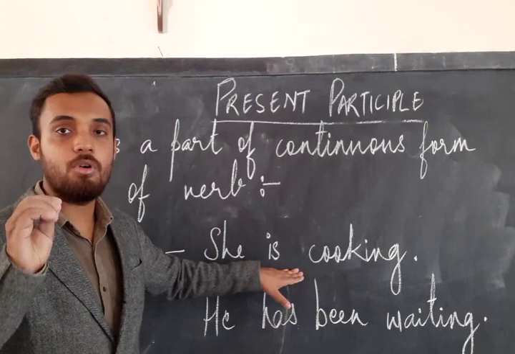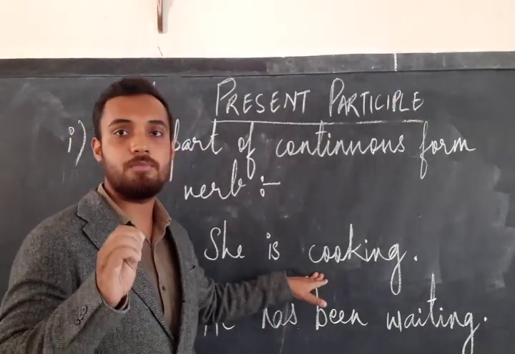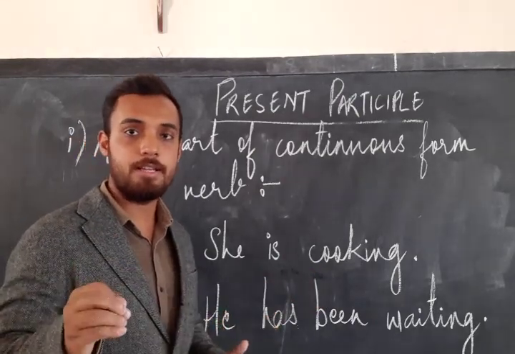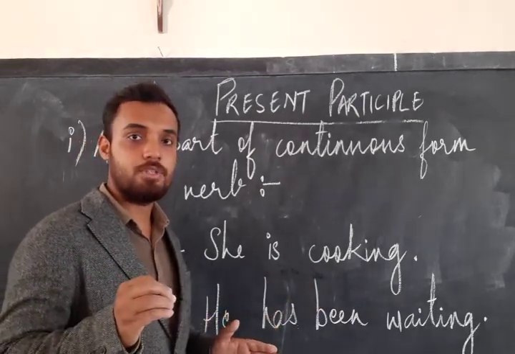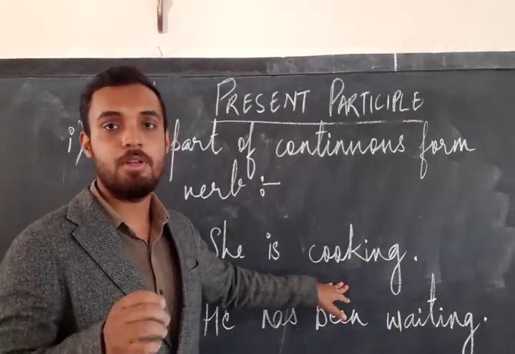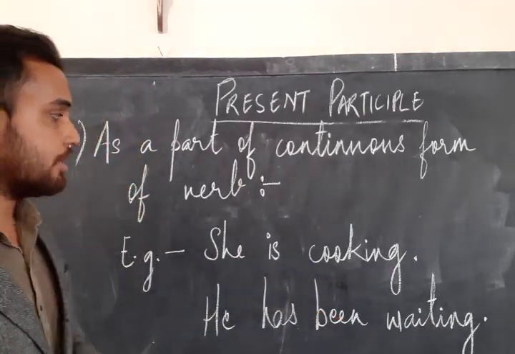There is no difficulty understanding this because it is showing you a continuous form. Okay, the verb is continuing, like we studied in tense, present continuous tense. So this is the present participle. We use the present participle to show the continuous form of a verb.